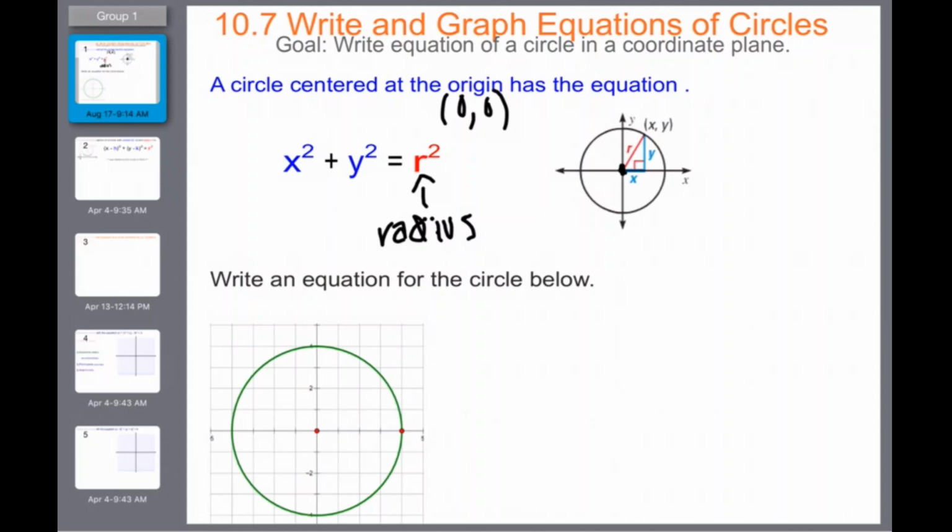What we need here is, well, we are centered at the origin. The center of our circle is at the point 0, 0, so we will be using this formula up here. We have our x squared plus y squared, and now we just need our radius squared.